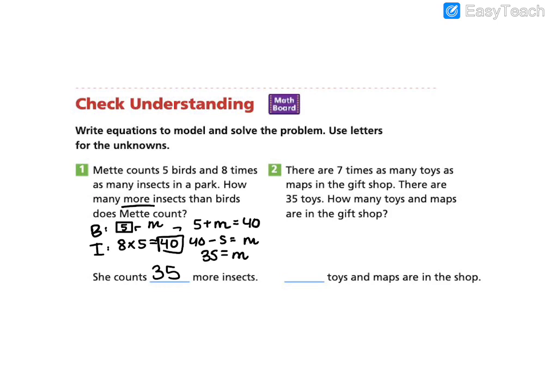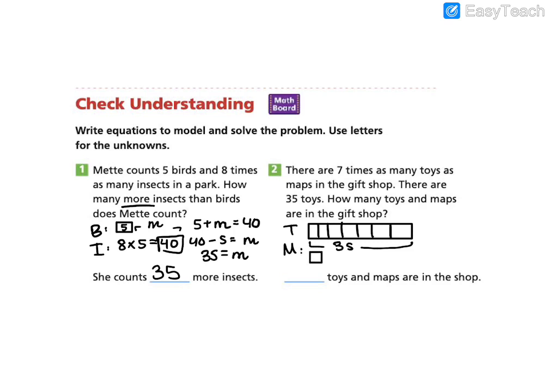Number 2, there are 7 times as many toys as maps in the gift shop. There are 35 toys. How many toys and maps are in the gift shop? So I've got toys and I've got maps. All right, I know there are 7 times as many toys. And the total number of toys is 35.